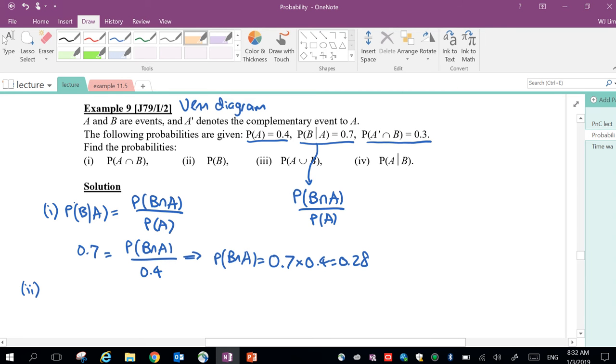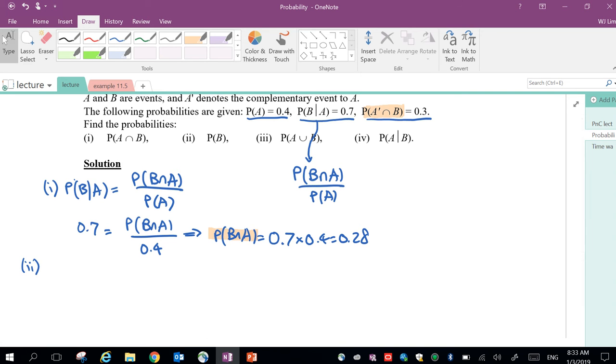Is P(A) useful to find probability B? Not at all, right? Probability A is useless to find probability B. You can use probability A prime intersect B as well as probability B intersect A. How? Let me draw a diagram out for you.